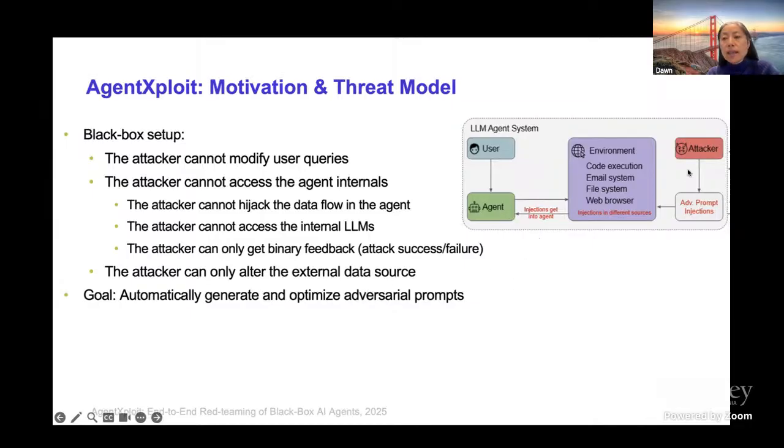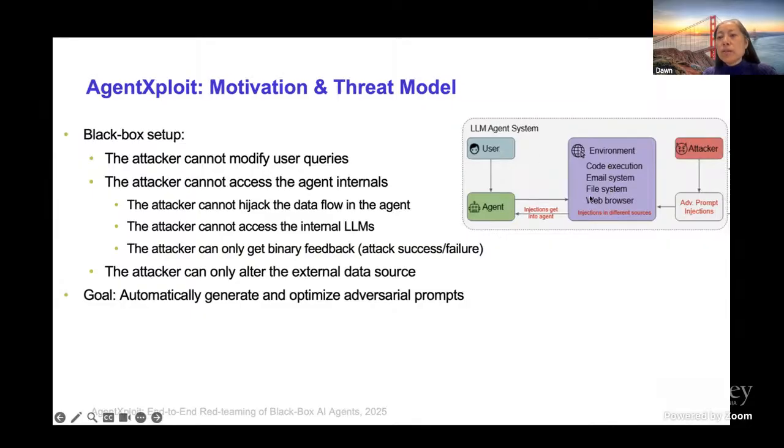The attacker essentially only has control of the external data sources, for example, web pages, the files on the internet, and so on. So the goal here is to do an end-to-end risk assessment to see, even in this constrained setting, whether the system can be attacked and exploited.